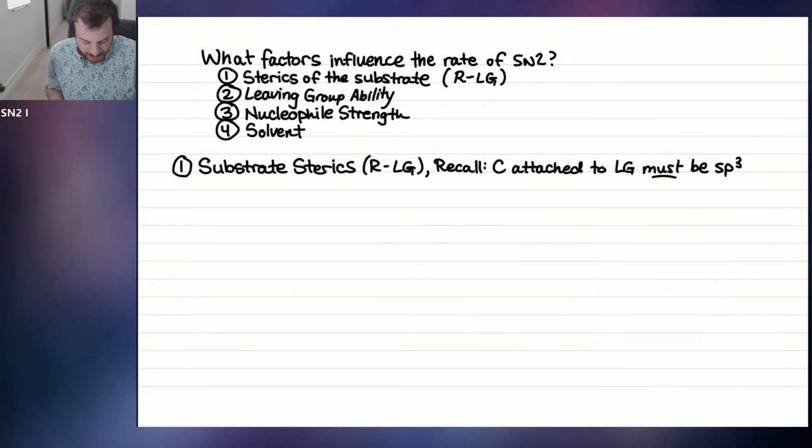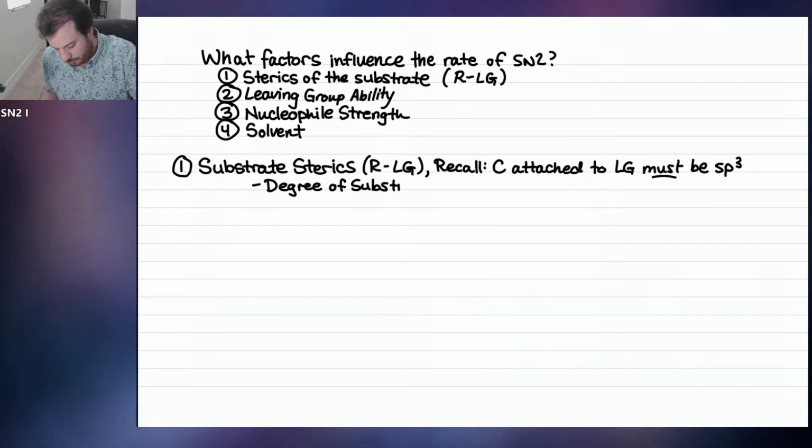Okay, the two things we need to consider when it comes to substrate sterics, the first thing is a more direct thing, and it's the degree of substitution, which is another way of saying how many other carbons are attached.